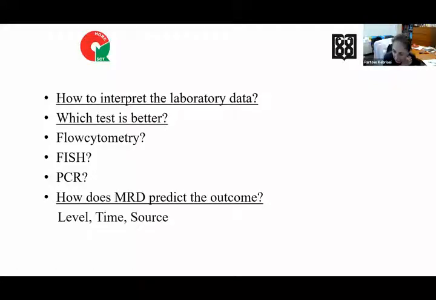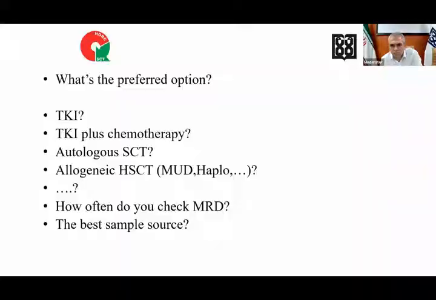So I think that the level of MRD is predictive. With regards to timing, I think that, as you just talked about in this particular case, looking at MRD at day 20.